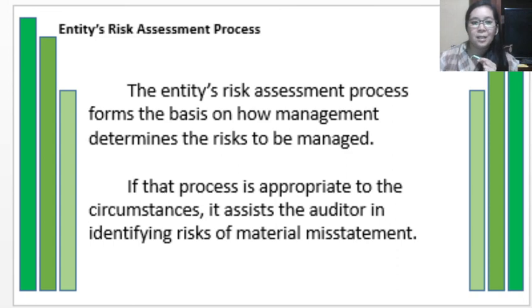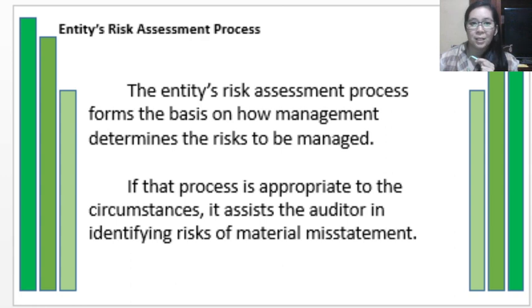So the entity's risk assessment process forms the basis on how management, of course, will determine the risk to be managed, because in their risk assessment, they will determine the risk that exists, so therefore they will know how to manage it because they have already identified it.